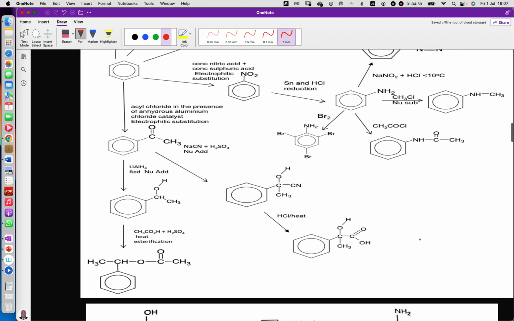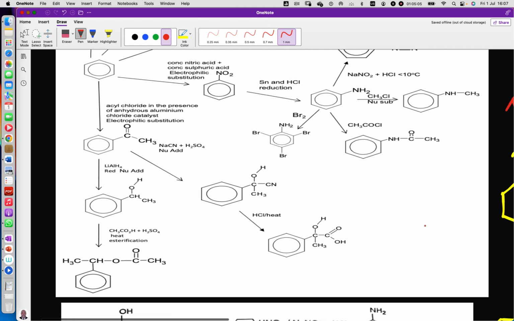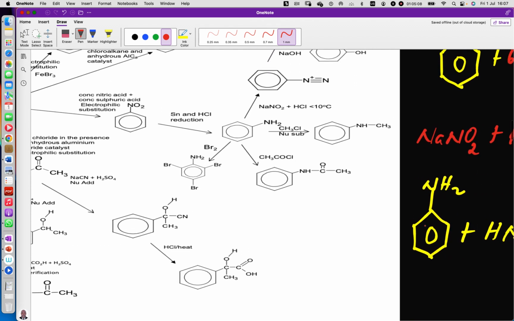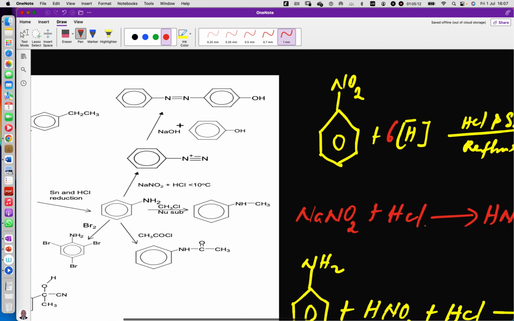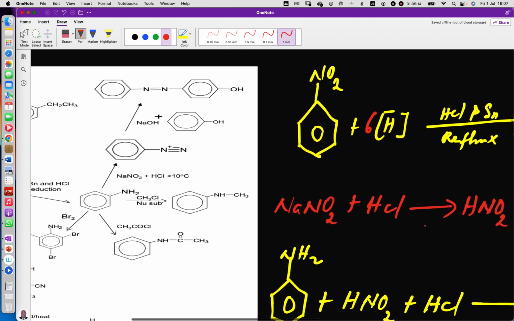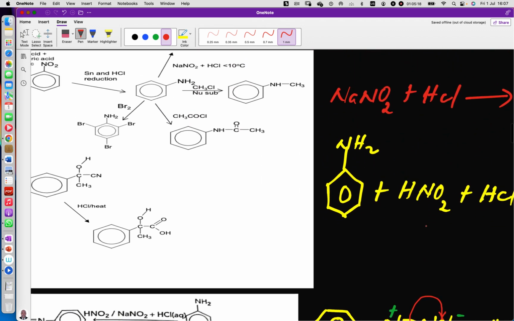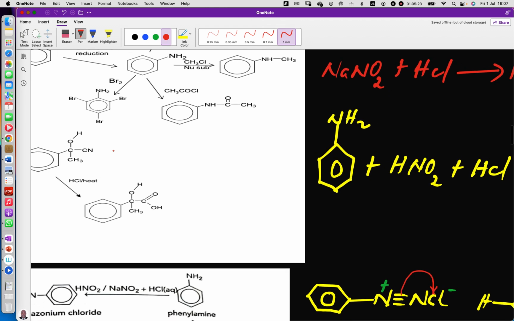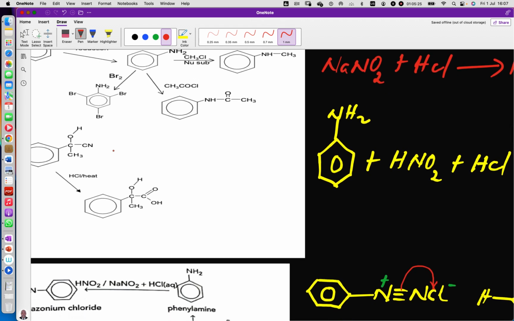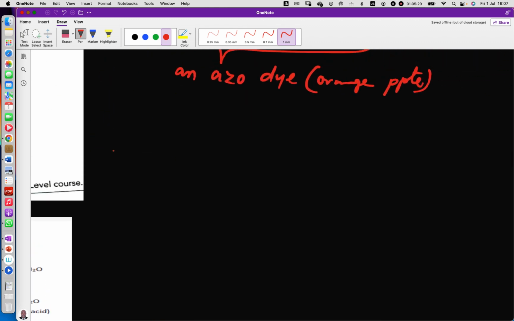Okay, now again, phenylamine. How does it react with bromine? Phenylamine with bromine has 2, 3, 4, 5, 6 positions. Let me show you some reaction of phenylamine with bromine.